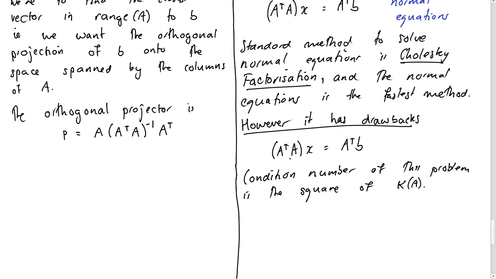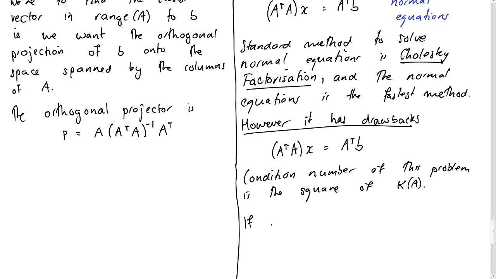Because we're multiplying x by A effectively twice, the condition number of the problem is kappa of A squared. So if it was moderately badly conditioned to start with, let's say the condition number was, say, 10,000, suddenly if we square that, then we have a really big condition number, 100 million, and that means we're losing kind of 8 digits of accuracy when we solve the problem.